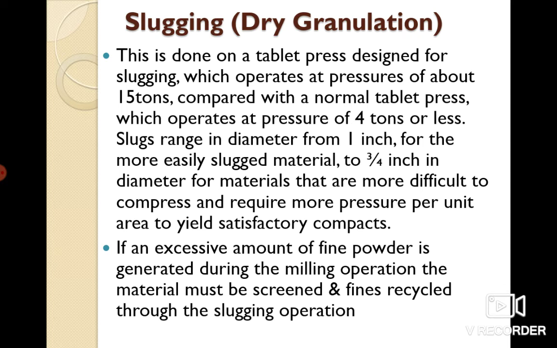The slugs range in diameter from 1 inch for the more easily slugged material. If an excessive amount of fine powder is generated during the milling operation, the material must be screened and the fines recycled through the slugging operations.